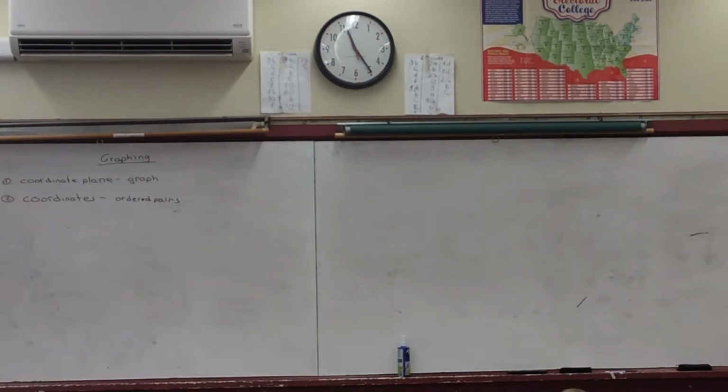So when you talk about coordinates, we're talking about ordered pairs. Now, what are ordered pairs? They're the X and Y. Okay?